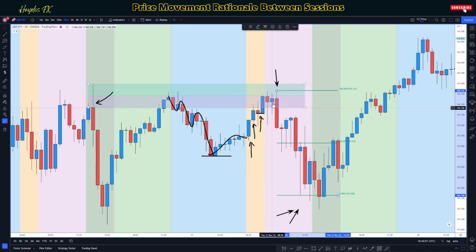So if you miss the move, you don't have to trade the London Open, and you don't even have to trade this mid bit. But knowing the rationale between price movement, at the end of the London Open period we can quite often get that pullback as a counter trend opportunity, and then retest the low again.